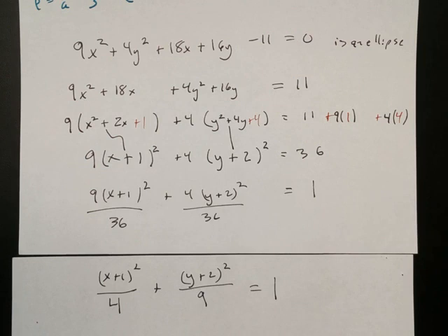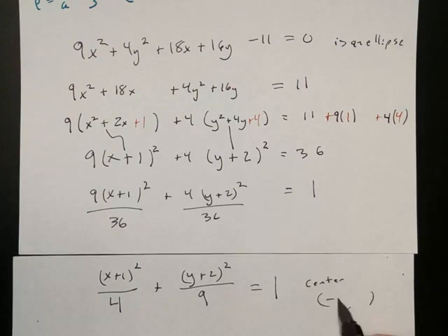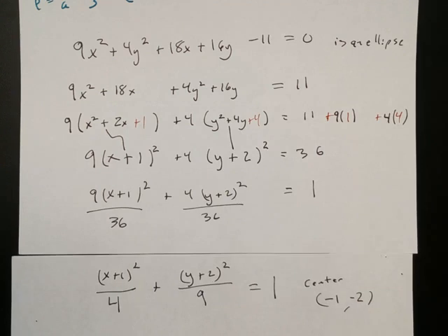Where's the center of this ellipse? That's exactly right. Because they're h and k, and we got to do them on the inside. They're backwards. I got to make it subtraction.